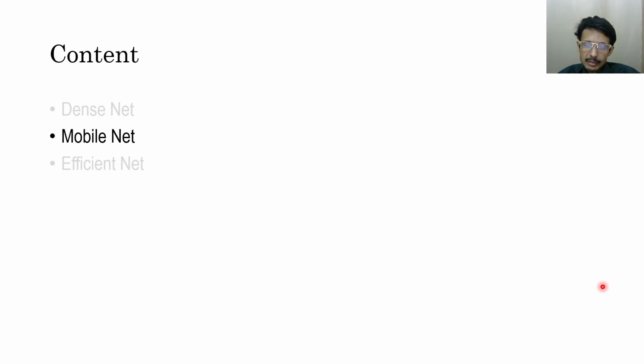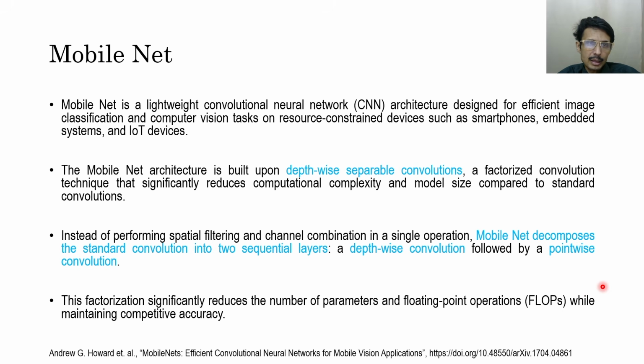Next, we start MobileNet. MobileNet is a lightweight convolutional neural network basically designed for efficient image classification and computation tasks on resource-constrained devices, such as smartphones, embedded systems, and IoT devices. So what is the basic idea here?